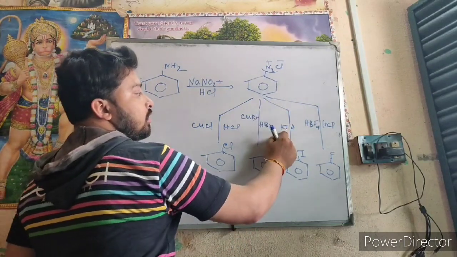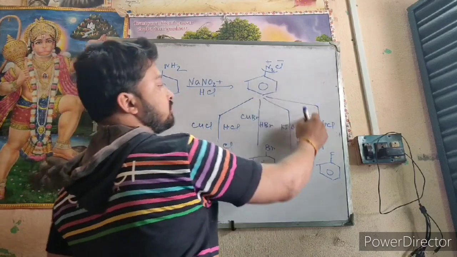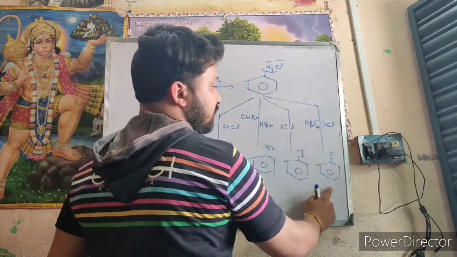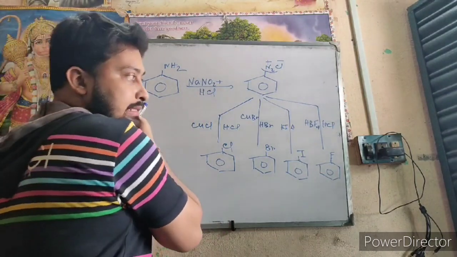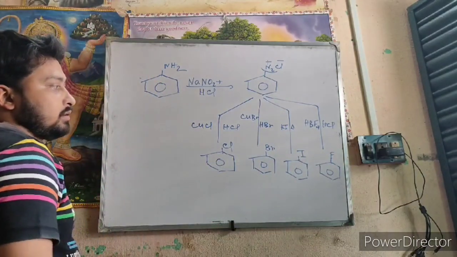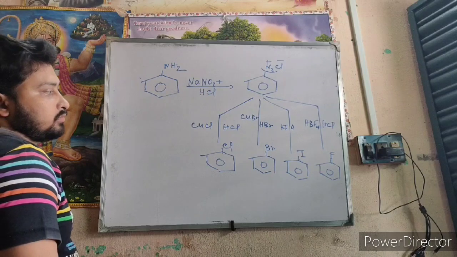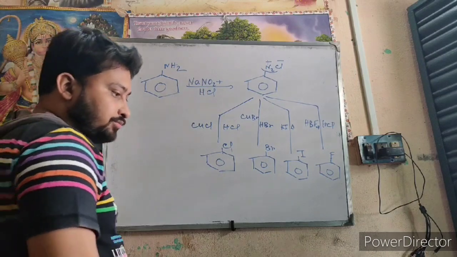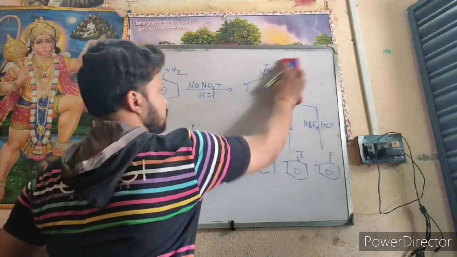If you use KI and heat, you can form iodobenzene. And if you use HBF4, you can form fluorobenzene. So it is a very easy method to prepare all forms of haloarenes. Okay, let's go.